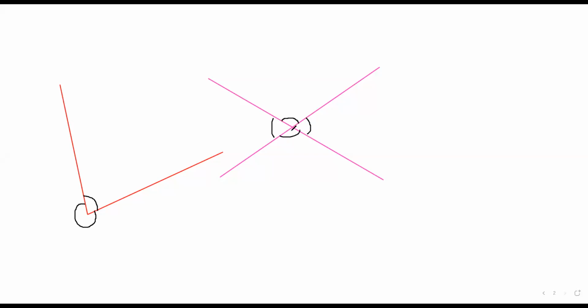Are they supposed to be at equal parts, or just any point on the line? Okay, like for example, you draw a line and then intersect it at any point, or it's supposed to be in the middle?